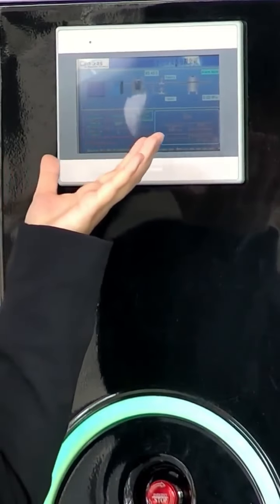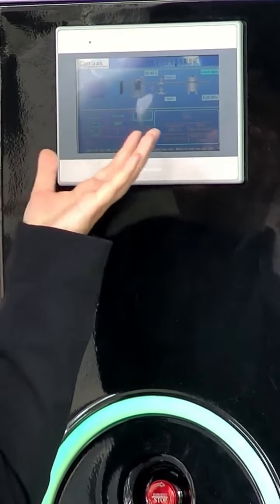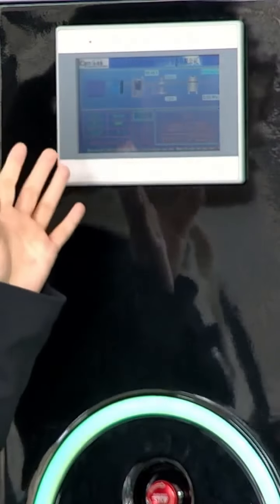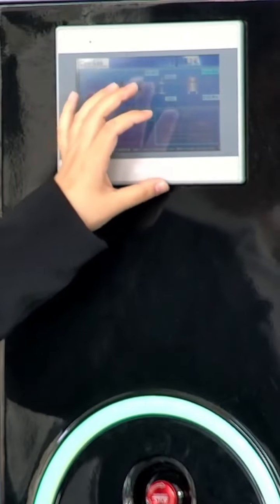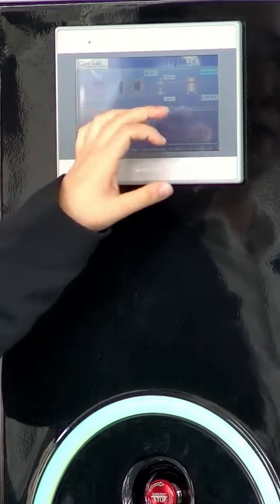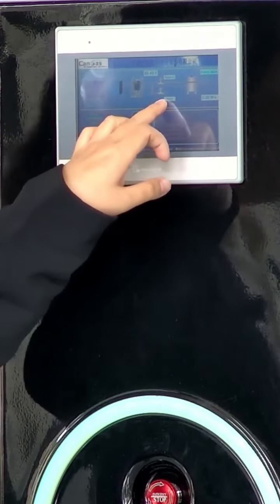And you can see different equipment working status. For example, the air compressor, the filters from the touch screen, the nitrogen generator, and the ventilation system.